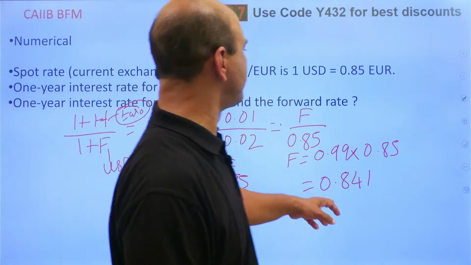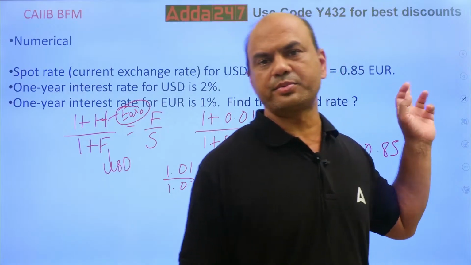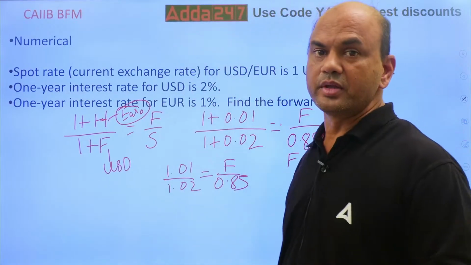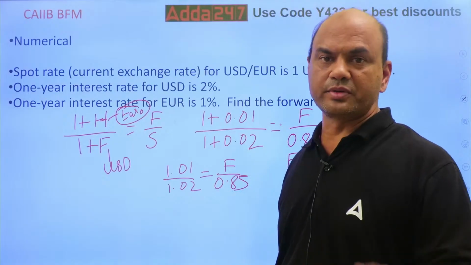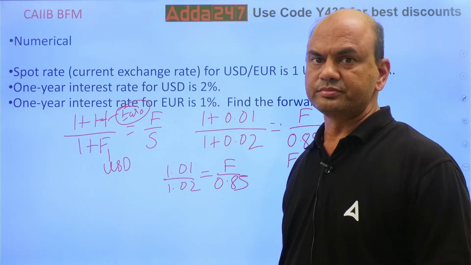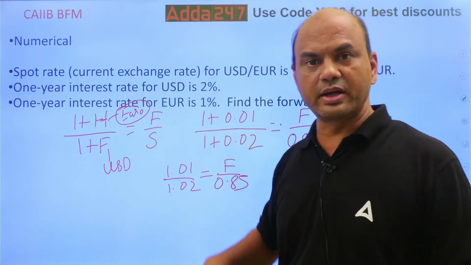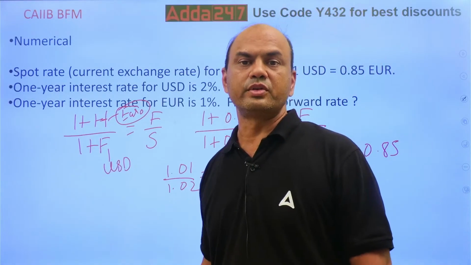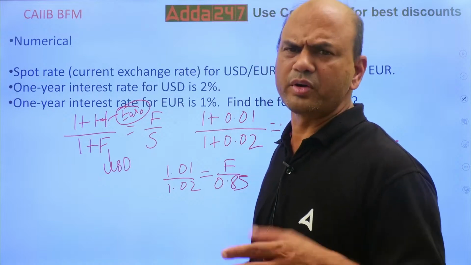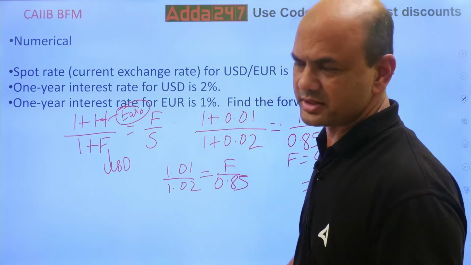Now what can you say about this? Forward rate is 0.84, spot is 0.85. So is the currency Euro in premium or discount? Understand the logic.